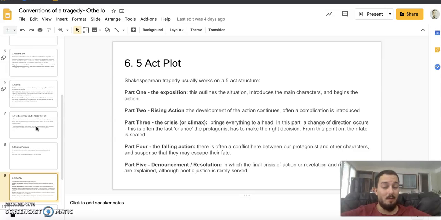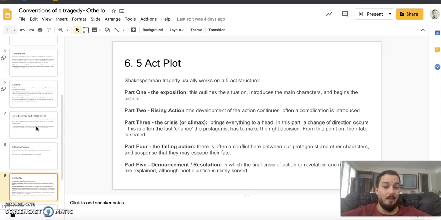By the change of direction, I mean this is the point where our protagonist has the last chance to make the right decision. And from here, they're on a downward spiral in which their deeds become bad. They often become increasingly violent and deranged.